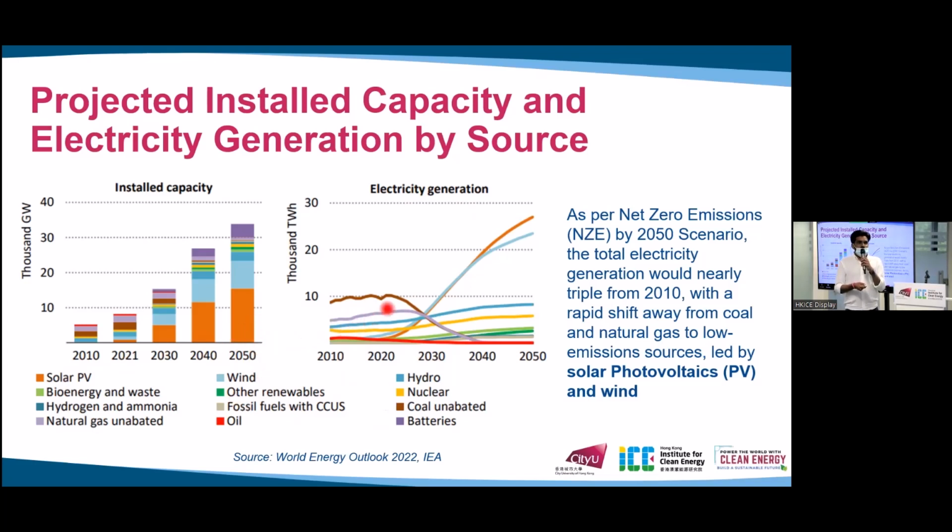And even in electricity generation, solar would surpass, followed by wind energy. So this is one of the reasons why we are more focused on solar energy apart from the other systems. But we also look at solar integrated with other renewable energy systems too.